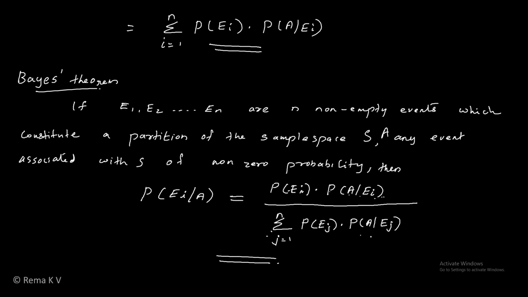The basic definition of probability we are applying here: number of favorable outcomes divided by total number of possible outcomes. So instead of that, we are applying probability in this. Probability of Ei given A we have to find. So if you have to find E1 given A, probability of E1 into probability of A given E1 divided by the total probability. This is Bayes' theorem.